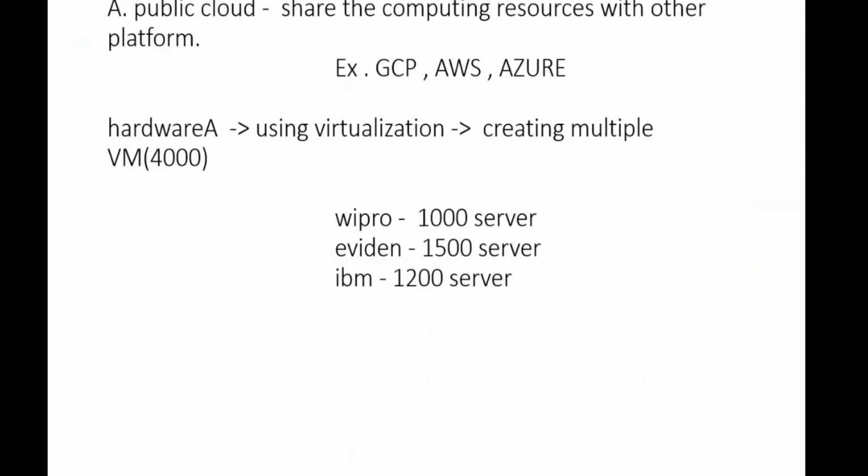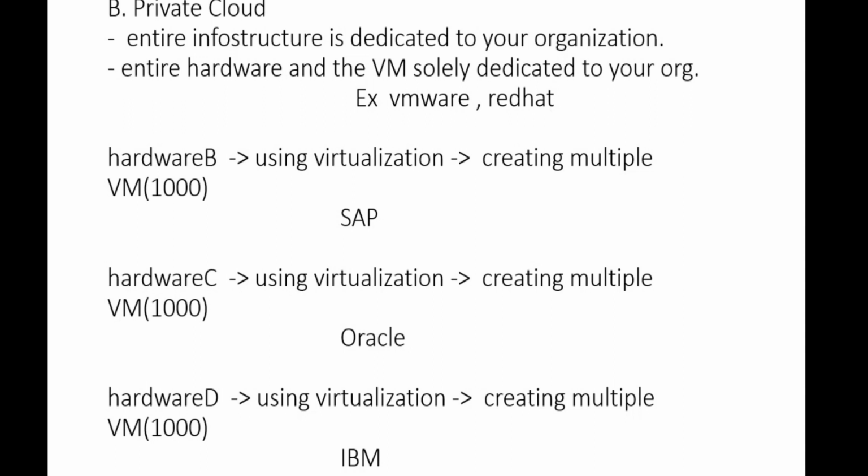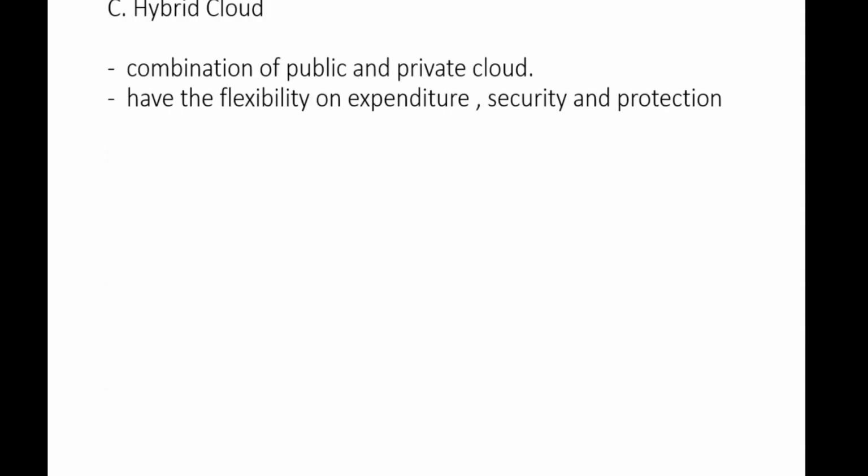You defined public cloud, where the hardware infrastructure is used by multiple vendors, while in case of private cloud, each vendor has a separate hardware infrastructure. Then we talked about hybrid cloud, where an organization uses all these clouds based on their requirement, and that gives one type of flexibility on expenditure, security, and protection.